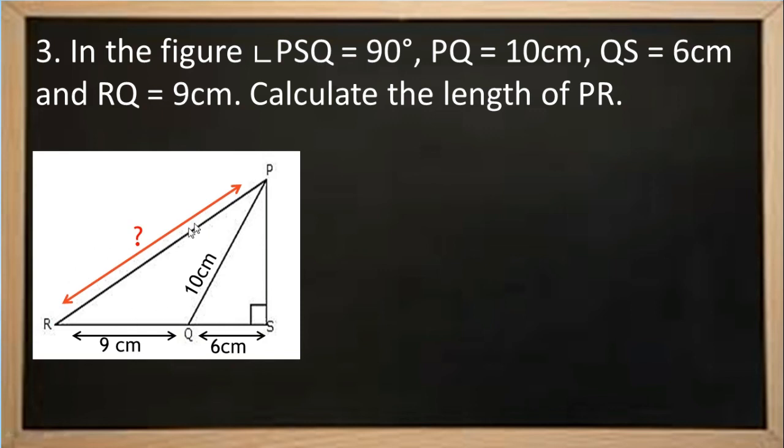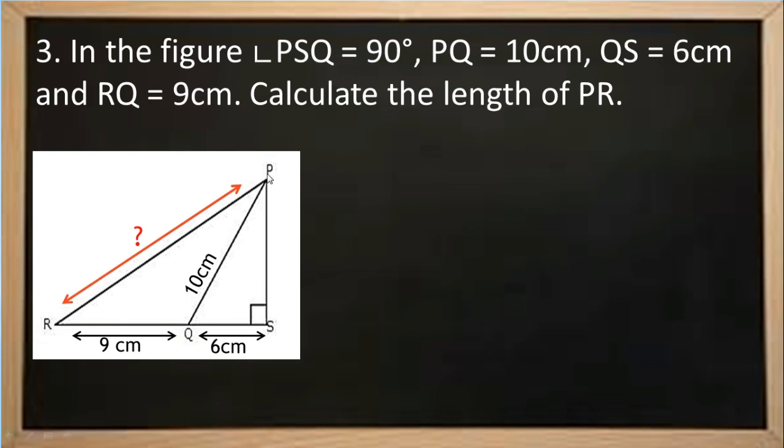So to calculate PR, I need PS. If you observe the triangle PRS, RS can be known here, 9 plus 6 is 15, but I need to know what is PS. So here we are having two triangles.